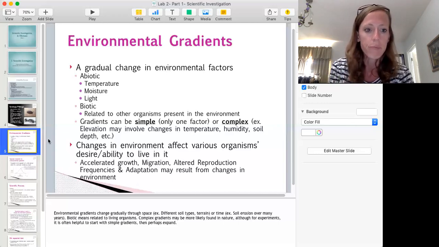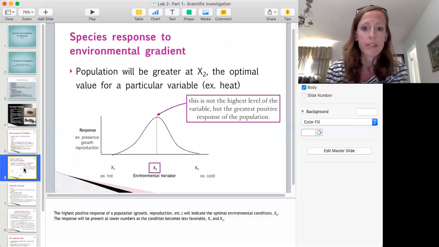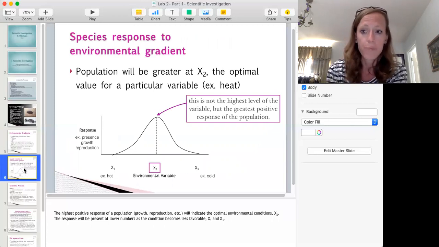Okay. All right, so let's move to our next slide then. This graph is taken directly from your lab manual. On the x-axis, you'll see that there's symbols representing different qualities of the environment, different environmental variables.